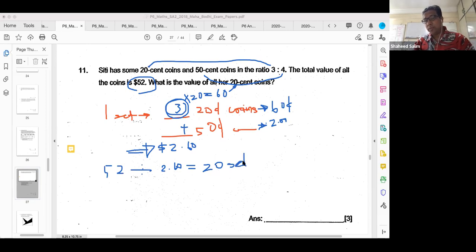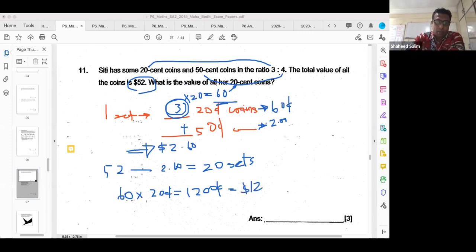So one set has 3 20-cent coins, 20 sets, 3 times 20 gives 60 20-cent coins. Now they ask you the value of 60 20-cent coins. 60 times 20 cents, how much do you get? 1,200 cents, equals $12.